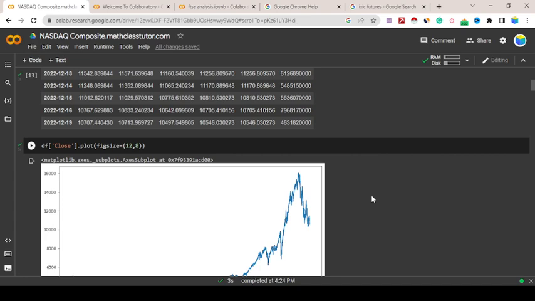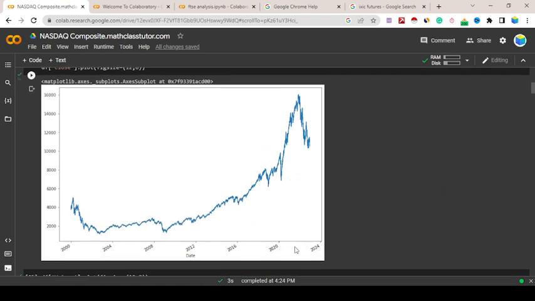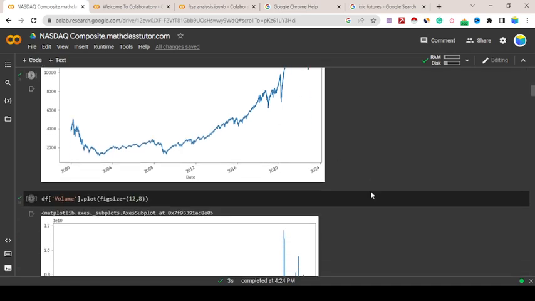Now if I want to plot only the closing price, we can see the closing price here. In 2021-22, most of the time the market is going downward.